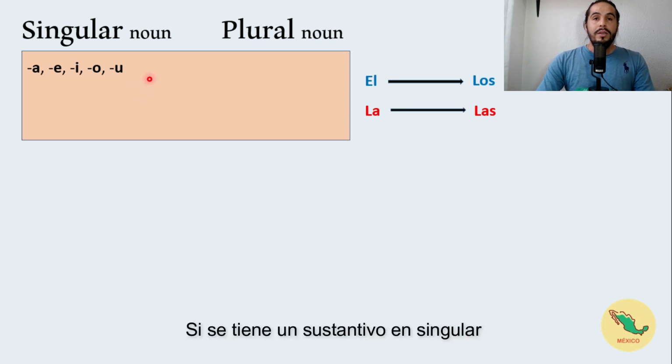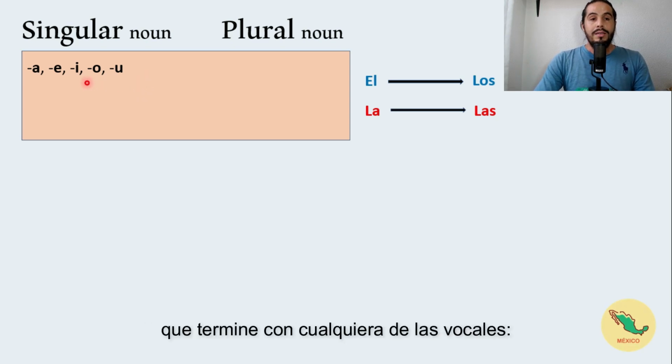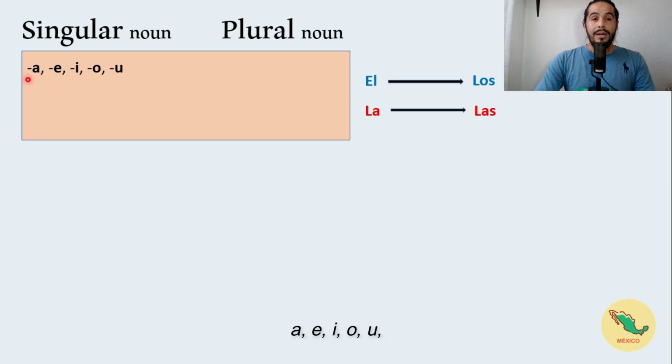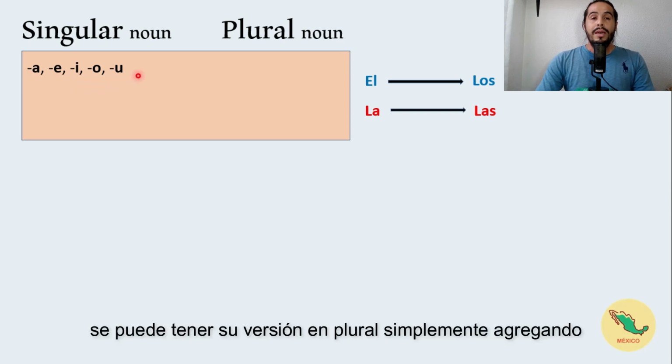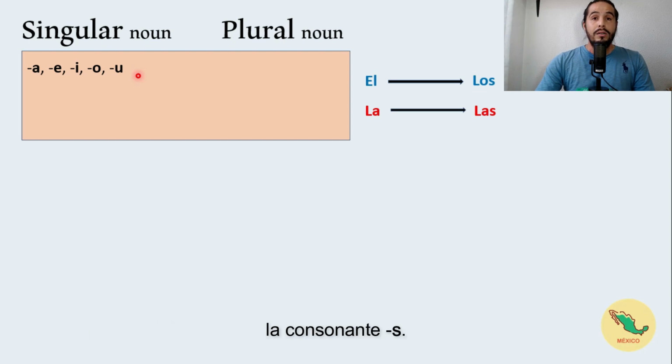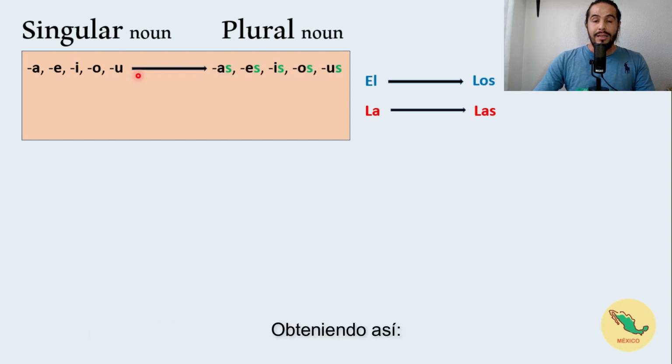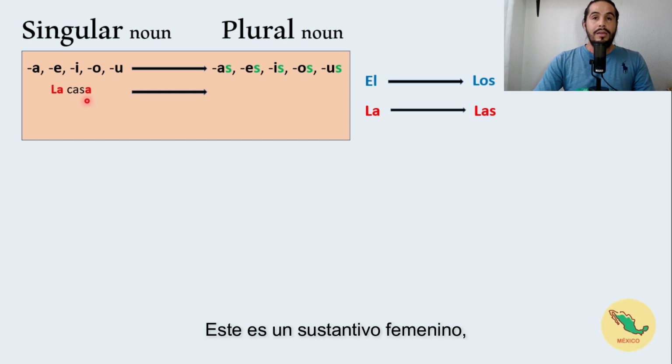If you have singular nouns that end with any of the vowels, a, e, i, o, u, you can have the plural version by just adding the consonant s, and then you get as, es, is, os, us. For example, la casa. This noun is a feminine noun.